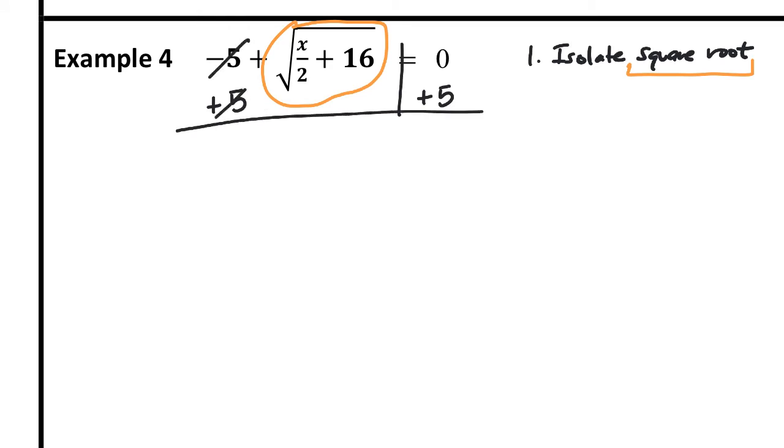These 5s will cancel, leaving me with x over 2 plus 16 inside of the square root equals 0 plus 5 is 5.